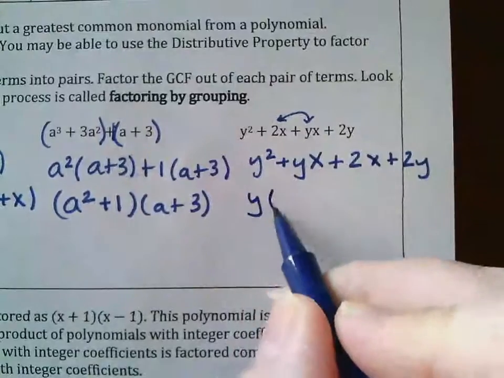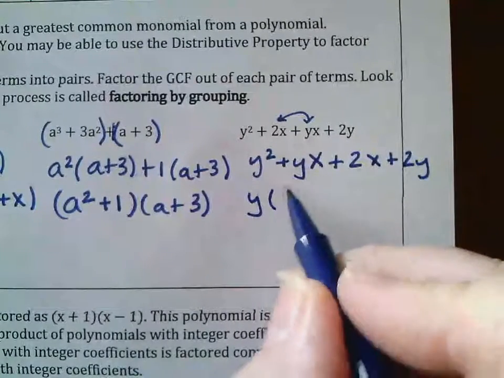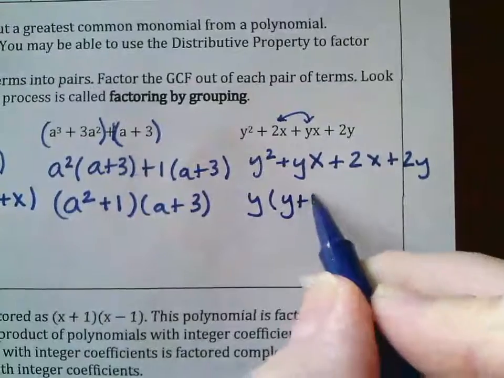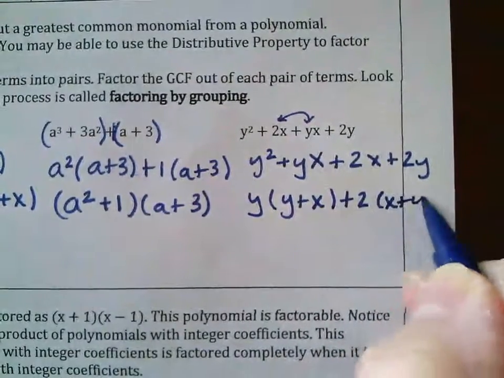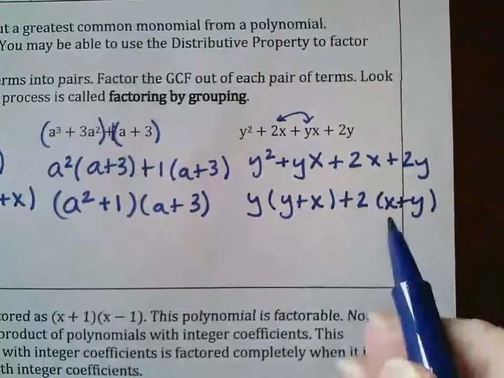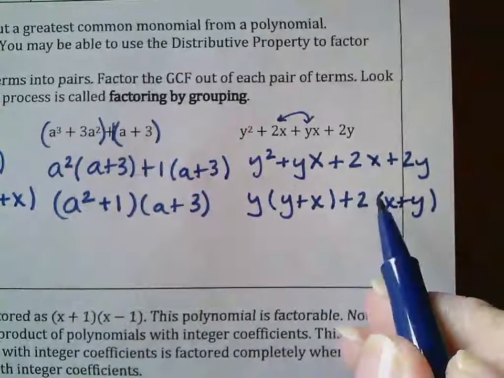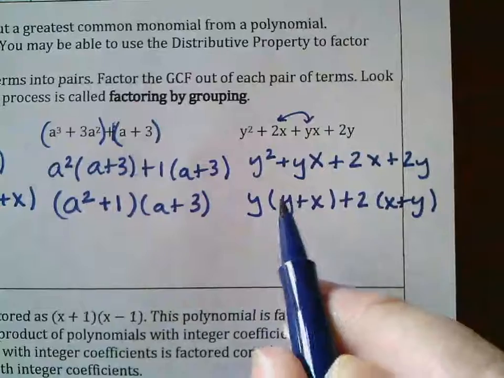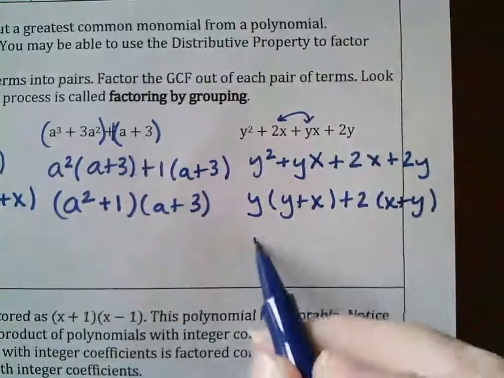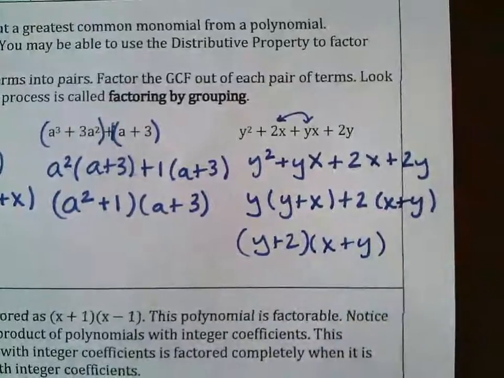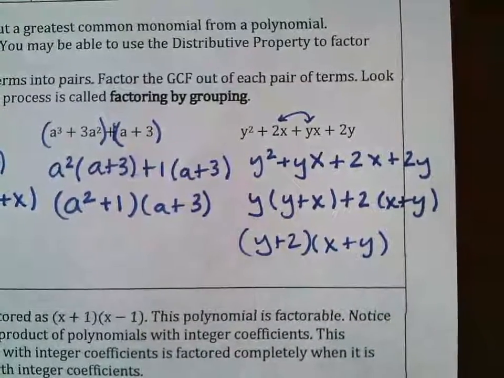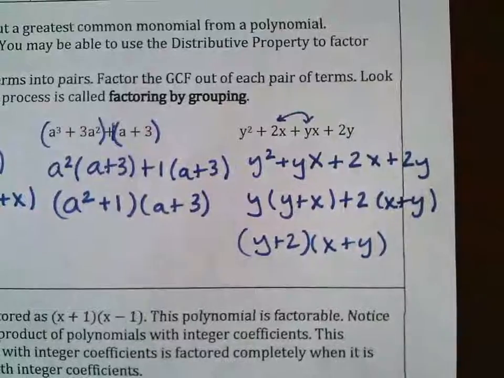This is y when you pull it out, and then it's y plus x. This is 2 and x plus y. And remember that x plus y is the same as y plus x. So I'm just going to do y plus 2 times x plus y. And we're done. And that is basically in a nutshell factoring by grouping.